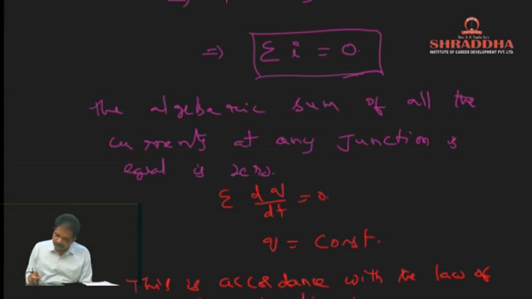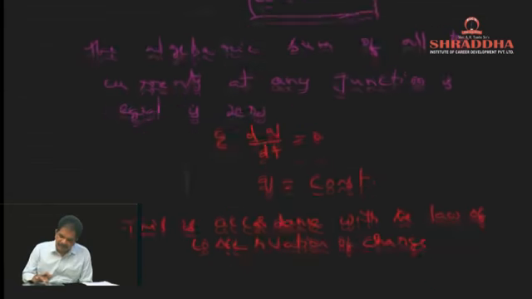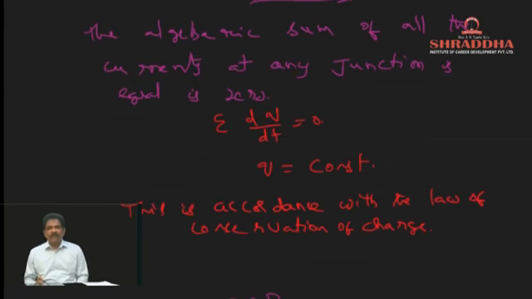If q is constant, that means it is conserved. So this Kirchhoff's first law is in accordance with the law of conservation of charge. So totally, what is Kirchhoff's first law? The sum of the currents reaching the junction is equal to the sum of the currents moving away from the junction. Mathematically, at any junction sigma I will be equal to 0.